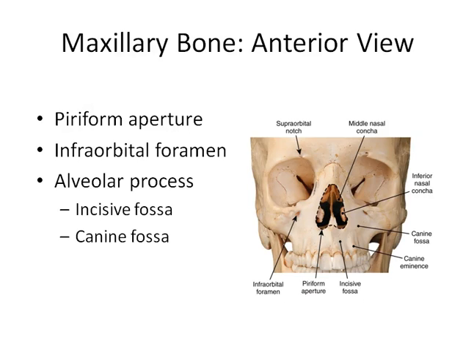This image shows the anterior view of the maxillary bone, which is found on page 36 of your text. Be sure to identify the structures labeled on this image.